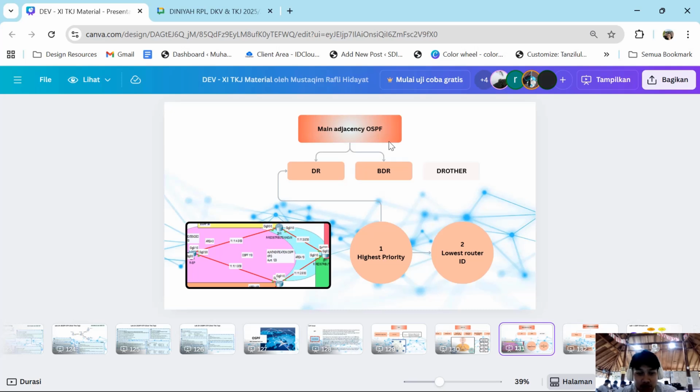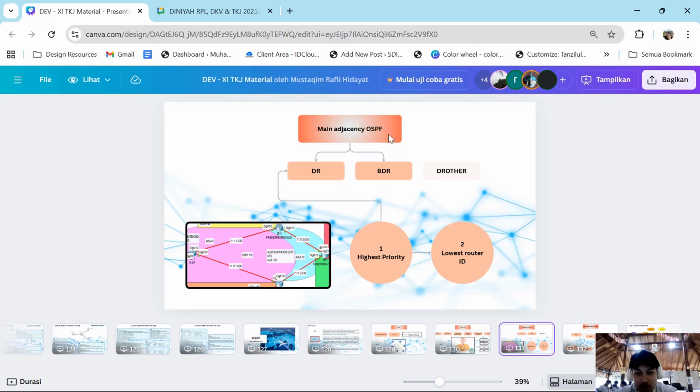By the way, we cannot say a router becomes part of the OSPF routing protocol if it is not connected with the backbone area.